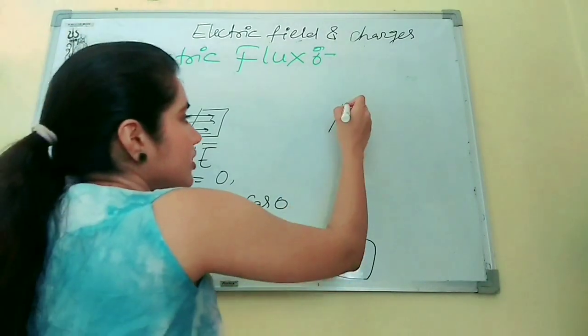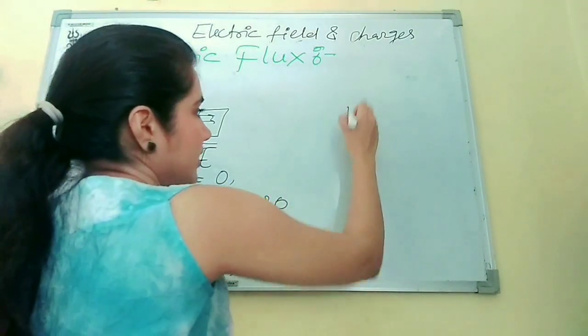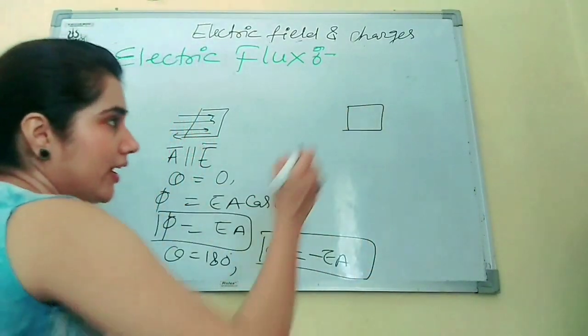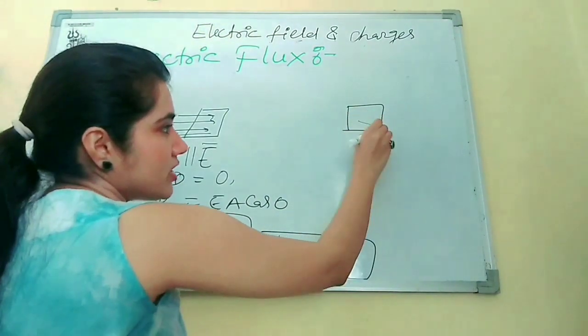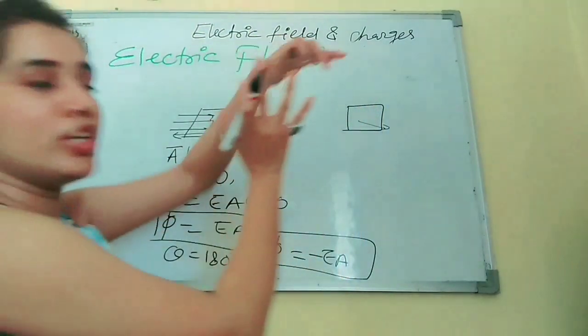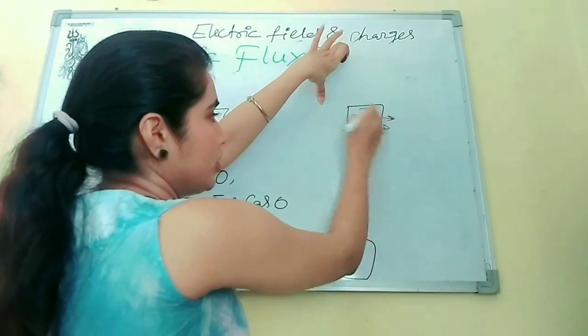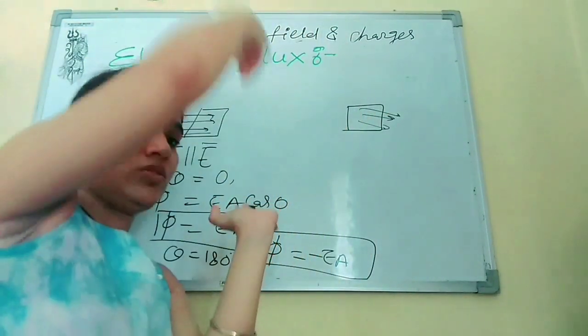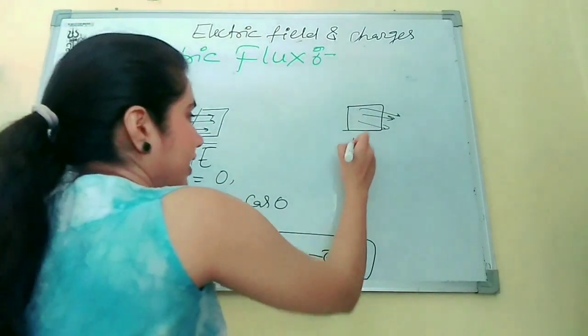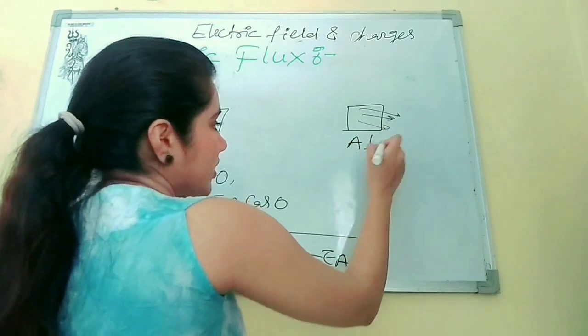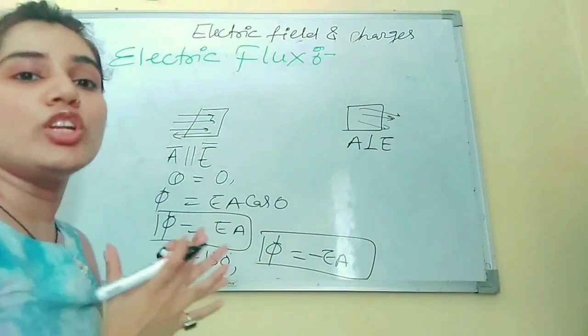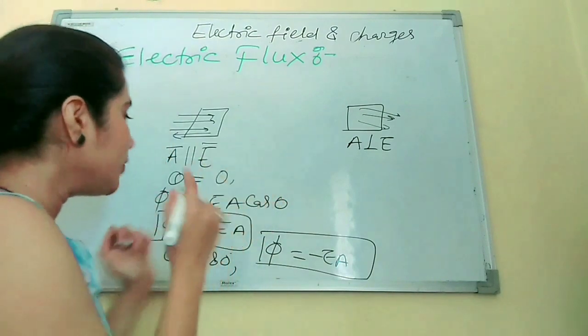Now we have placed a plate like this. This is a plate, and now the lines appear in this direction, perpendicular to the plate. The area and electric field are perpendicular to each other. So what will happen?